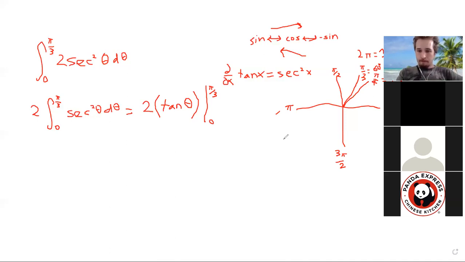Okay. Thank you, Alfonso. So we are evaluating from 0 to pi over 3, right? And most of the time, the unit circle is just going to be in radians, but I just wanted to make sure you knew what that meant in terms of degrees, because it's easier to understand sometimes. So if we look at the unit circle, a lot of times it will tell us what sine or cosine is equal to.